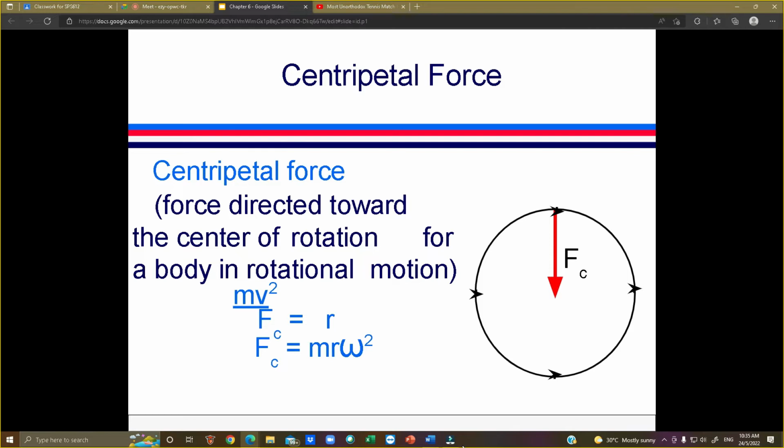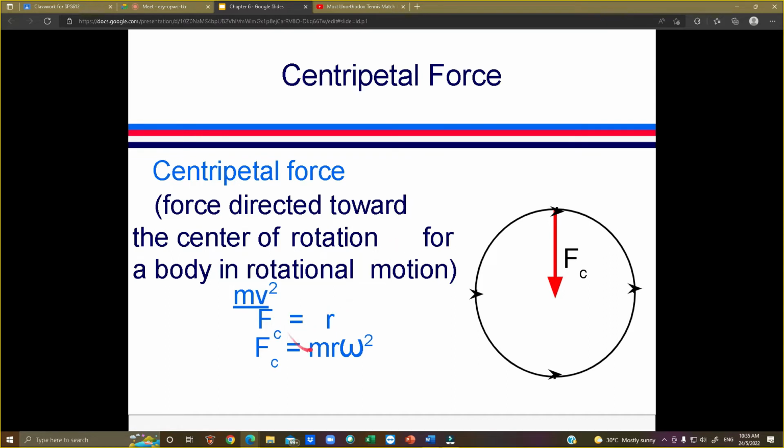Kalau dia tak ada centripetal force yang kuat, what is going to happen is when he rotates, dia akan terikut hammer tu keluar. So the rotation is not going to be perfect. The rotation is going to be jagged. Kejap bulat, kejap lonjong, kejap bulat, kejap lonjong. Same goes as tangent and radial acceleration. Okay, so force directed towards the center of rotation for a body in rotational motion.